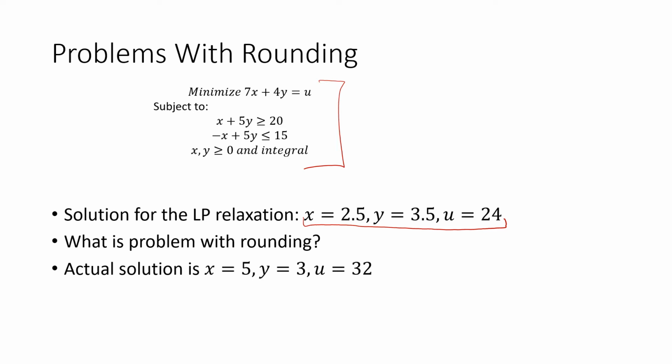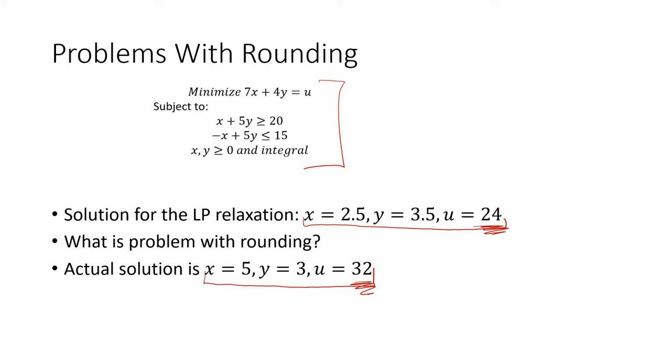Problem is that that isn't the best solution. When you actually solve it with the integer restriction, you get x equals 5, y equals 3, and u equals 32. Okay, so note that this was a minimization problem. Our LP relaxation had a minimum of 24. With the integers, we have a minimum of 32.